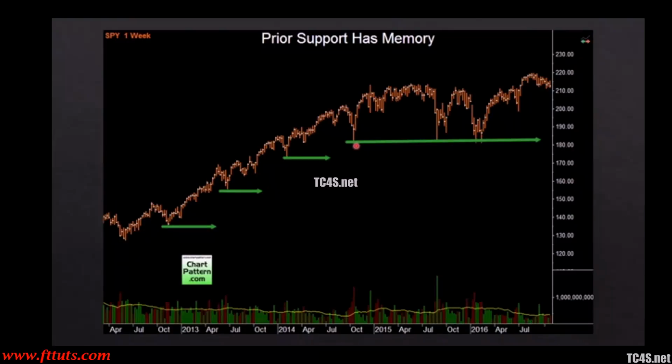Now, we have a number of people in chat that have been saying this market's in a downtrend and it's a terrible market, but this is the current weekly chart of the S&P. And no matter what your opinion is, all that has happened in 2016 is price has perfectly held the range and support of the last year plus and has overcome the top of the resistance of that range, but hasn't really gone anywhere.